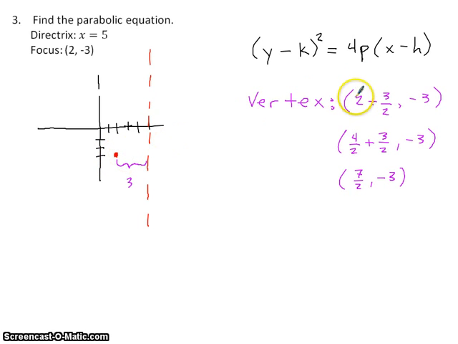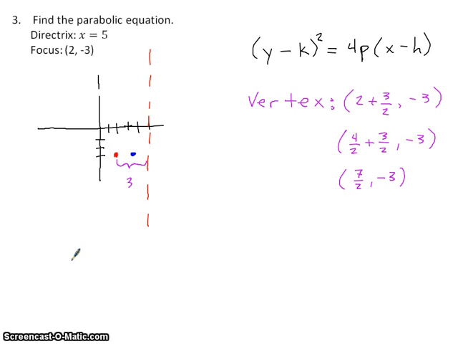So I've taken the x value of the focus and added 3 over 2 onto it to find my vertex. The vertex is going to be at (7/2, -3), which means that I go to 3.5 and -3 to place my vertex.